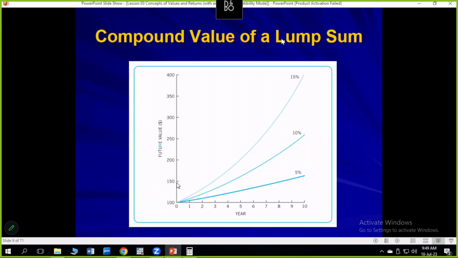At 5%, it is 150 rupees. So when the interest rate increases, it goes up very fast, and the accumulation and future value get higher.